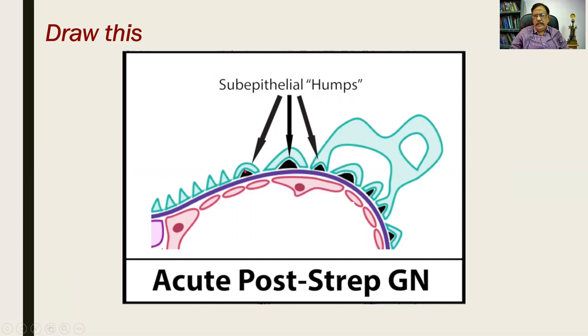So when you study the light microscopy or any other microscopy, you find that there will be bumpy deposits. We call it humpy bumpy deposits or the subepithelial deposits, which are seen in post-streptococcal glomerulonephritis. This we shall draw.